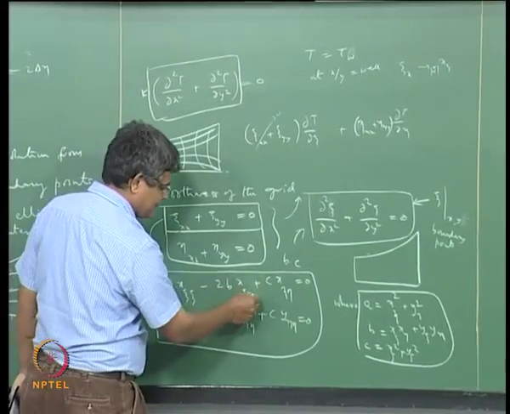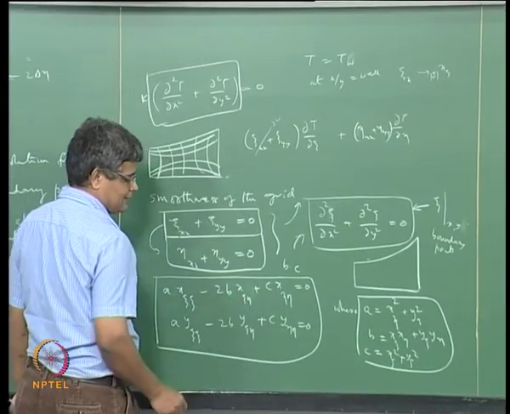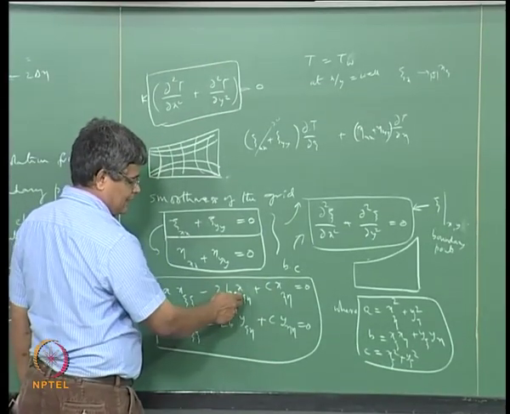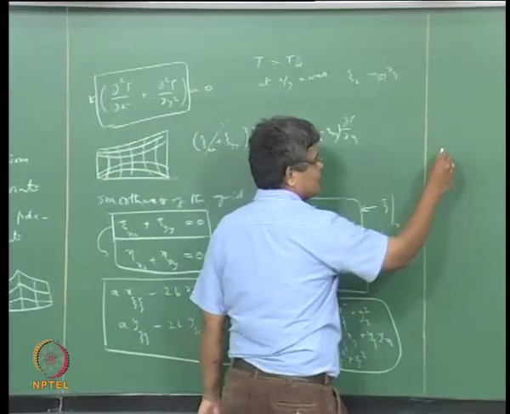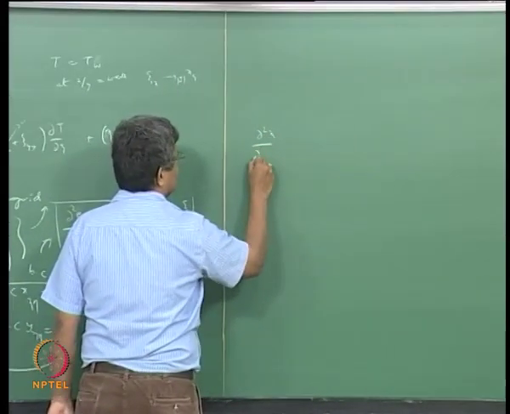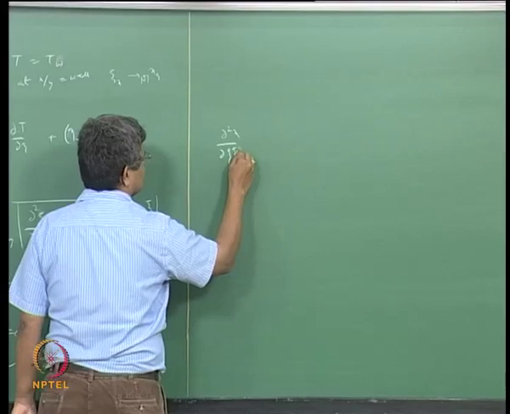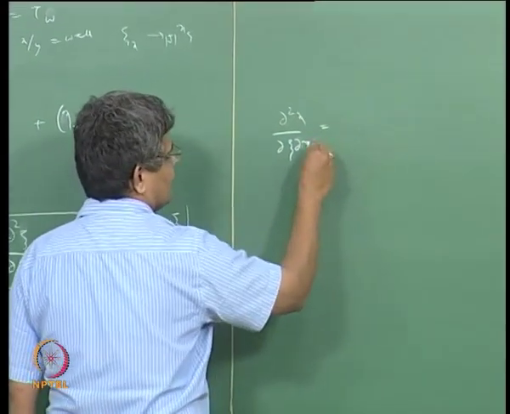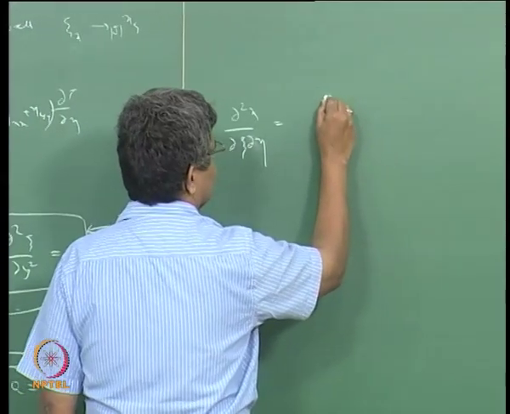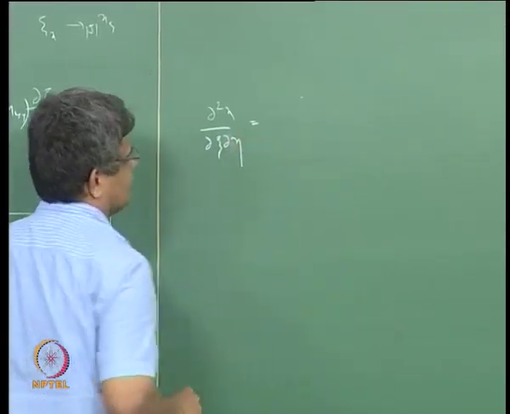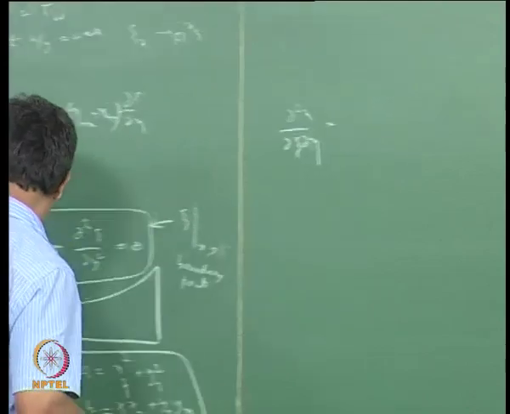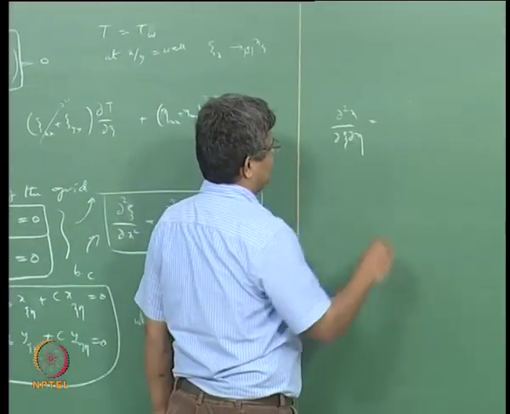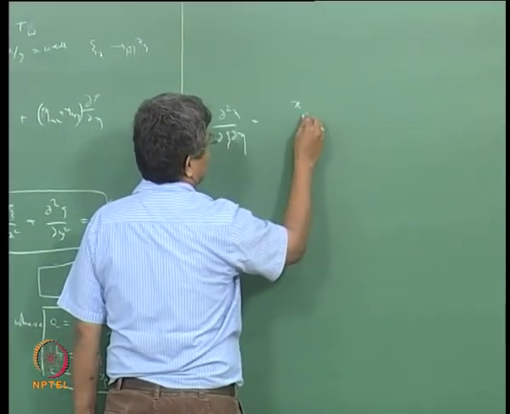So we can discretize these things. For example, this term here is dou square x by dou eta dou psi, a cross derivative on a two-dimensional grid.